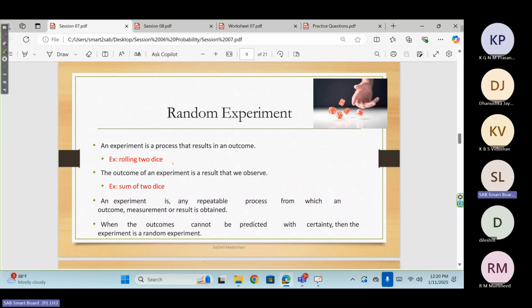The next one is the random experiment. Normally we conduct random experiments. A random experiment is also a repeatable process. Here we know what outcomes we can get, but we cannot predict which outcome we will get. Tossing a coin, we know head or tail we can get, but we cannot predict which outcome.